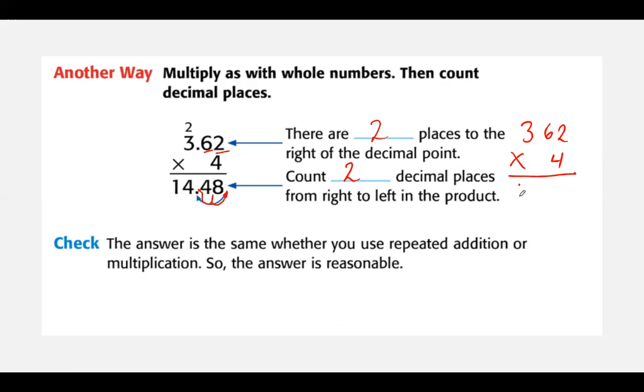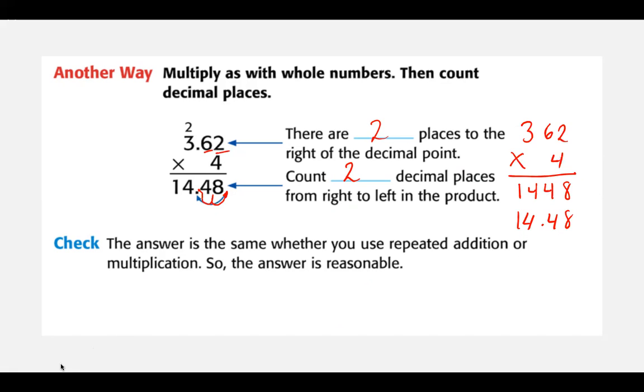You're going to get the same answer, okay? And then you can put in your decimal point like that, okay? Because you have 2 numbers here, you want 2 numbers in your answer, okay?